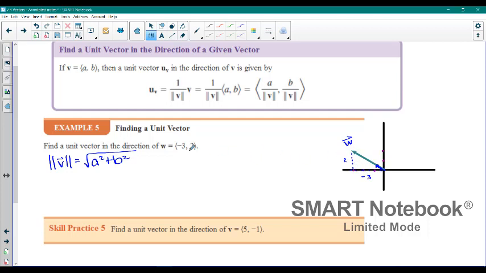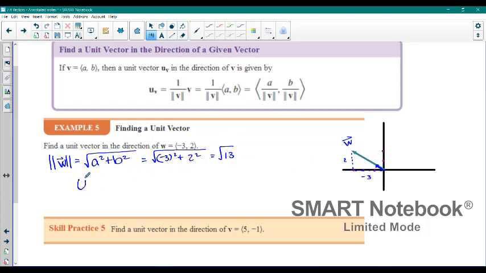The b, that's 2, is the y distance. We're going to square it. That's how you find the magnitude. So we're doing W, so let me rename it. It doesn't matter what we name it. But the square root of a squared plus b squared is the square root of 13. So that's the length of the whole thing.